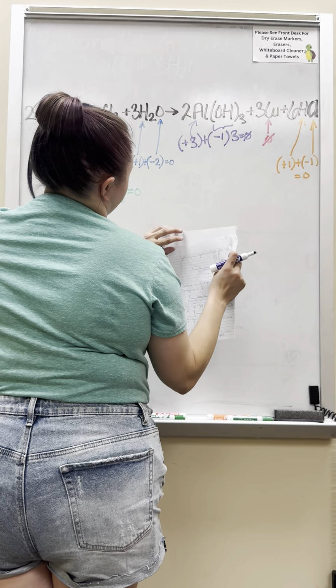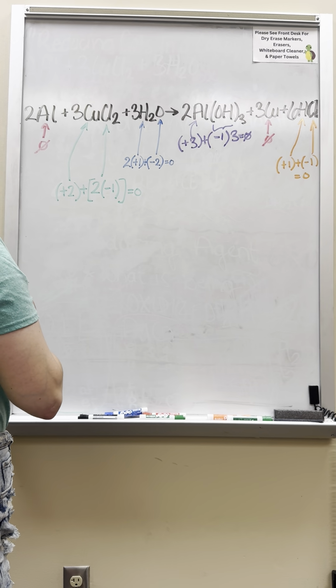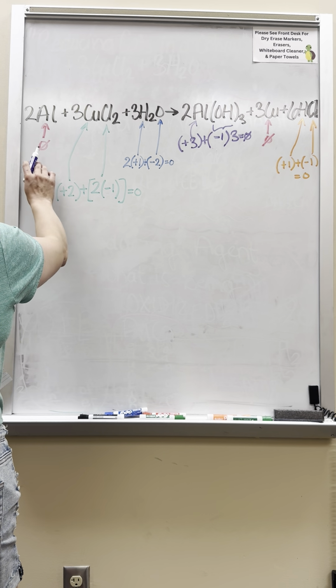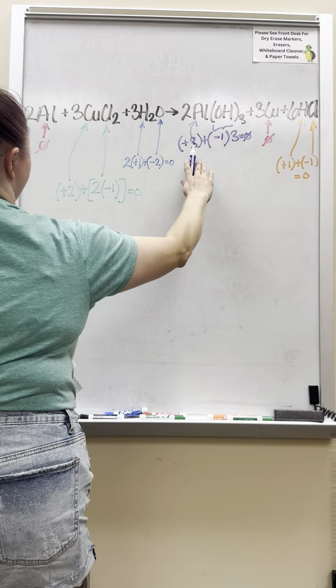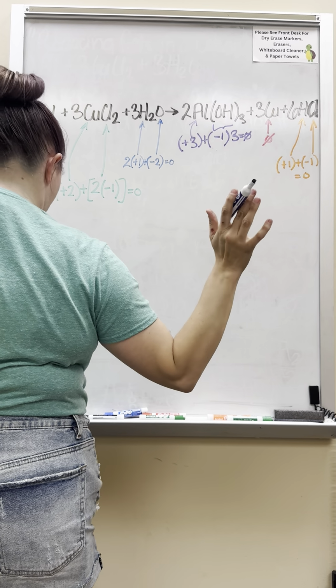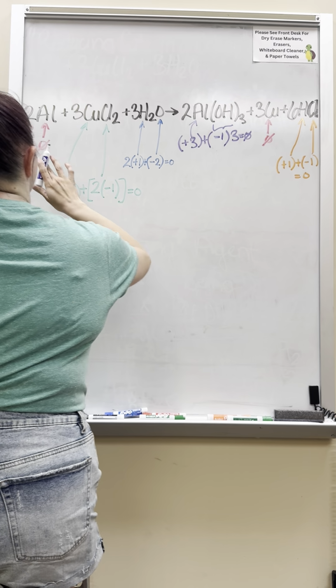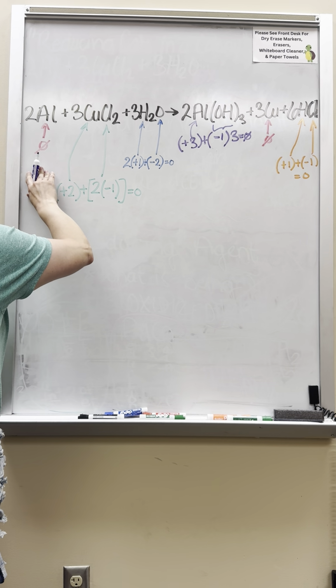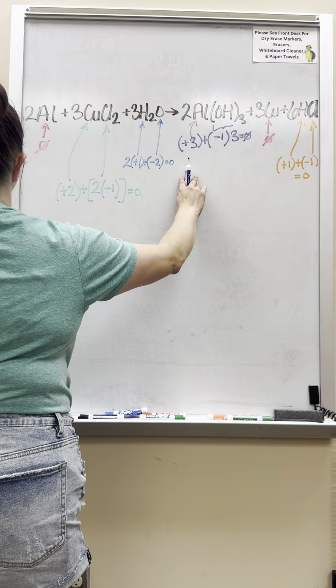All right, let's look for things that are being reduced. Your copper is not being reduced because it is increasing from 0 to 3. Or not your copper, excuse me, your aluminum. Your aluminum is being increased from 0 to 3, so it's not aluminum.